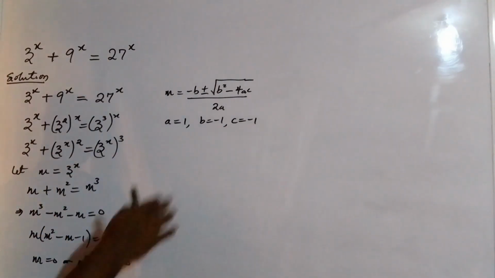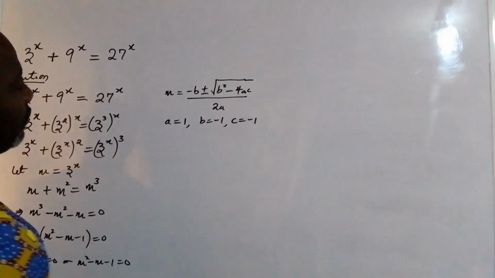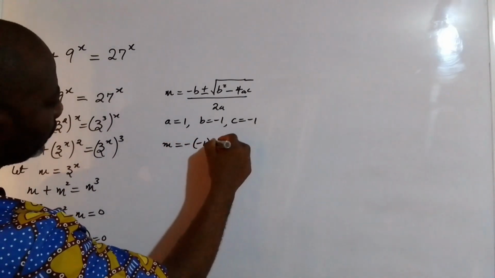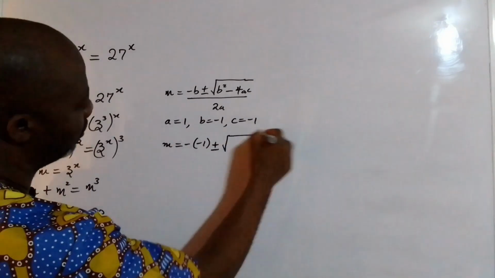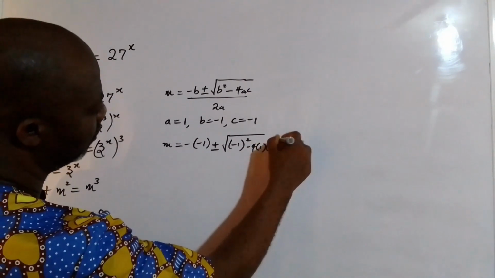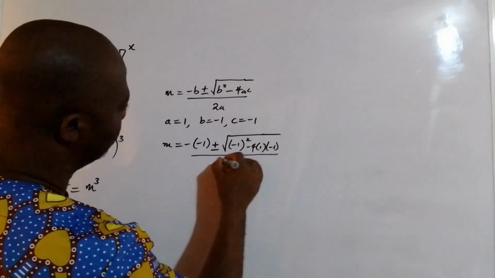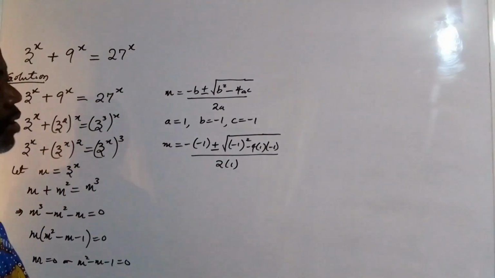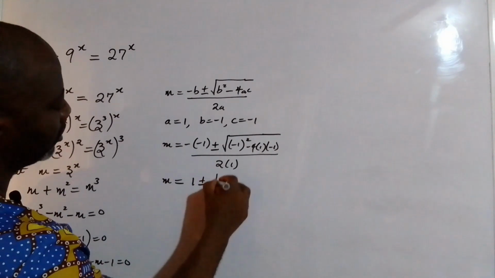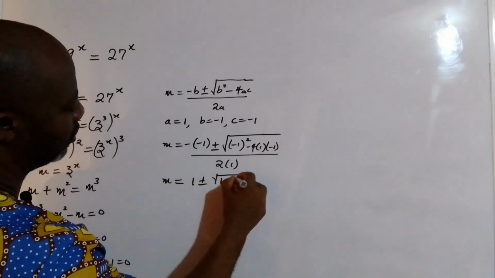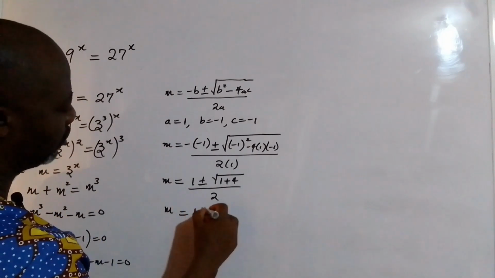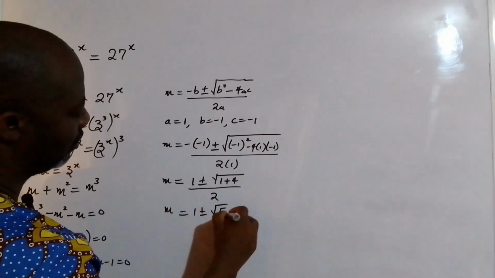Substituting these values into the quadratic formula, we get m equal to minus minus 1 plus or minus the square root of minus 1 squared minus 4 times 1 times minus 1, all over 2 times 1. Further, we have m equal to 1 plus or minus the square root of 1 plus 4, all over 2.